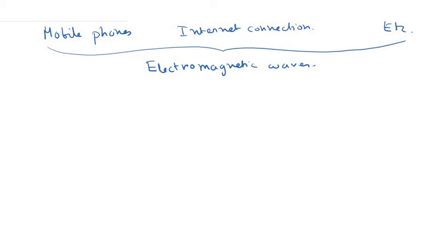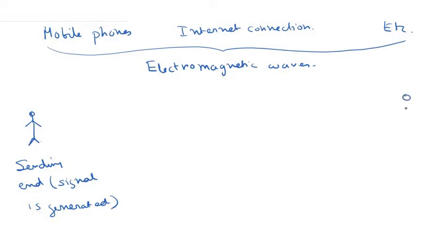So whenever you are generating any signal for transmission of information, there should be a sending end. So someone is generating this signal to transmit information, and this is the sending end. And then there is some receiver who actually needs the signal, or who takes information from the signal, and that is the receiving end.